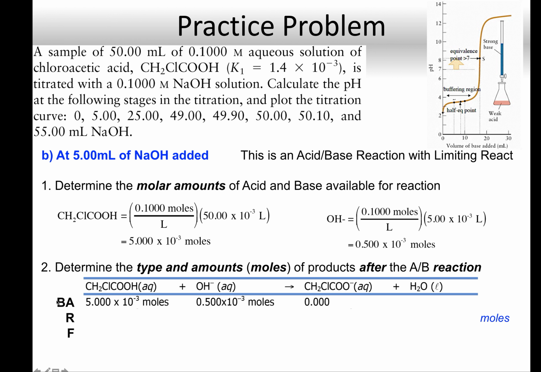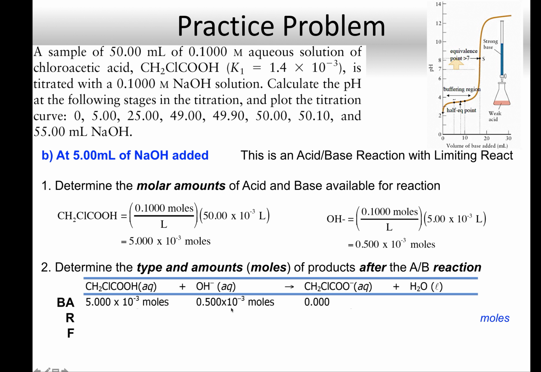So the beginning amounts are given by this that we calculated: 5 millimoles of the acid, 0.5 millimoles of the base. We can identify immediately that the stoichiometry is 1 to 1. So if I have 5 millimoles, I will need 5 millimoles, but I only have 0.5. So that means that the base is the limiting reactant.